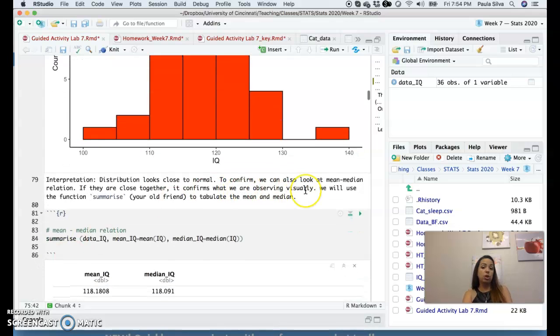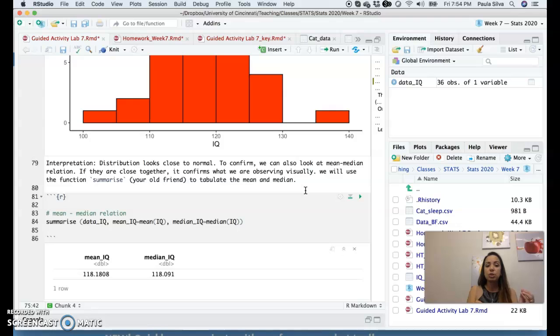To confirm, we can also look at the mean-median relation. Remember that they are very close to the same if the data is normally distributed. So we will use the function summarize, which you also learned, to tabulate both the mean and the median. So summarize, I'm getting the data set data IQ.